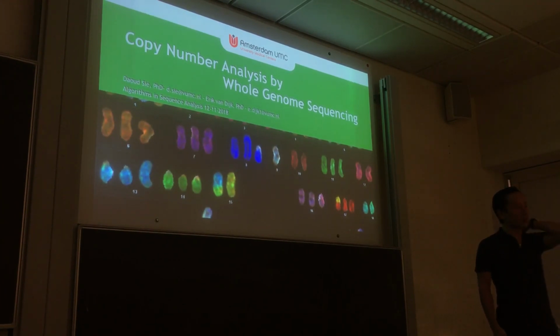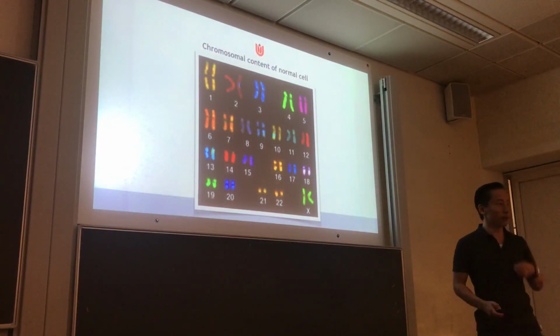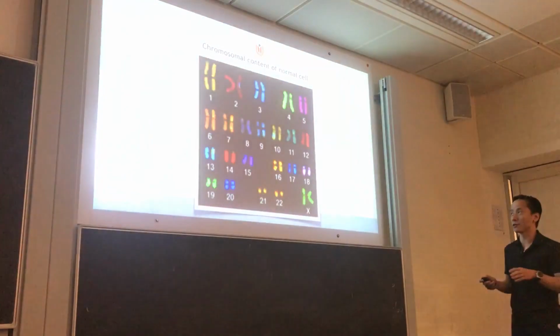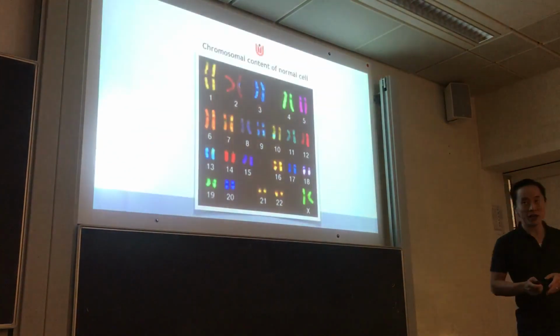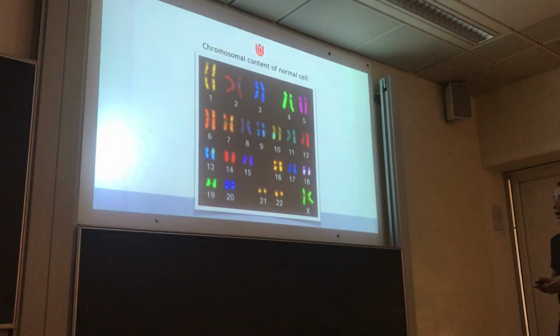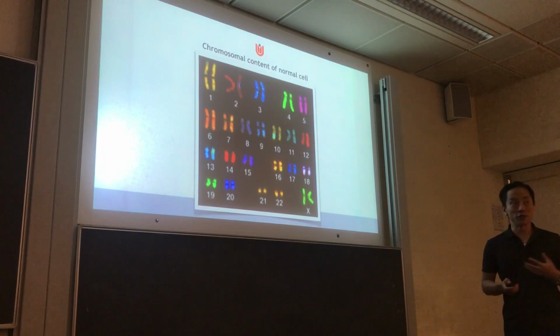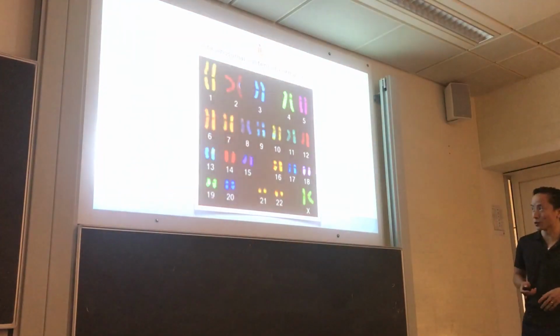Is everybody still awake, as you had quite a lecture this previous hour? Yeah, nodding heads, cool. So, what is copy number variation? This is just the schematic of a normal genome where you can see each chromosome colored with a different color, and you can nicely see that of each chromosome there's 2, which you're supposed to have. So this is a normal situation.